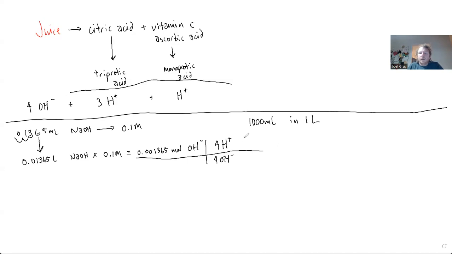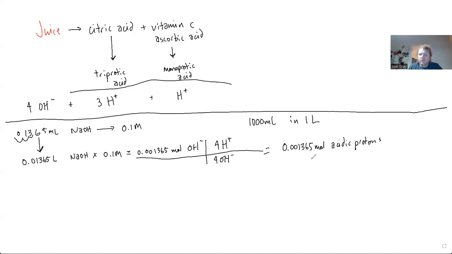So what we can say is that we have 4 acidic protons. We can say 0.001365 moles of hydroxide times 4 divided by 4 gives us 0.001365 moles of acidic protons.